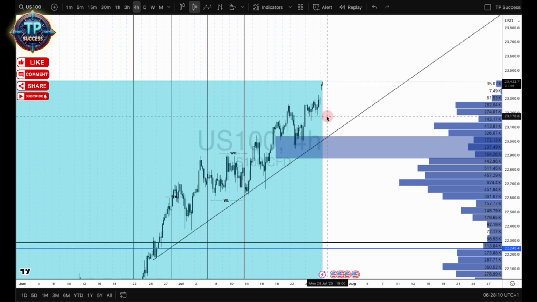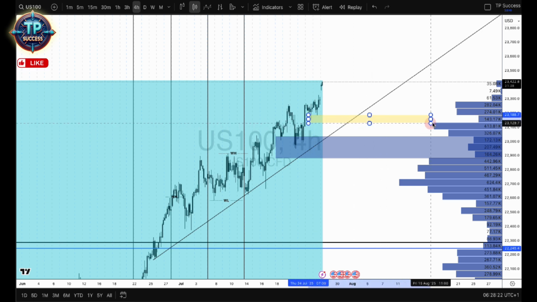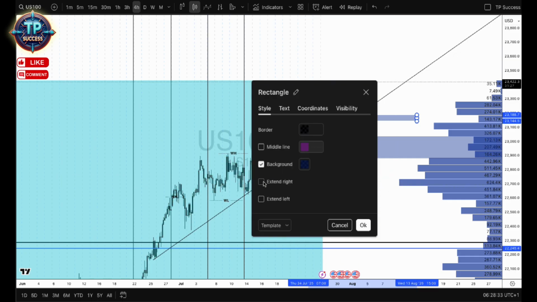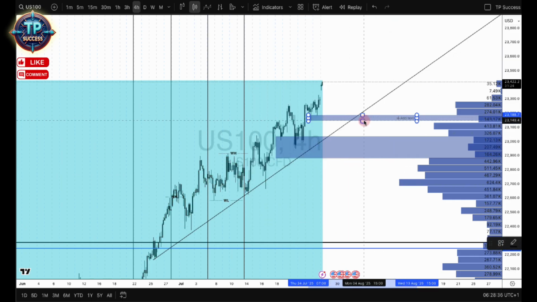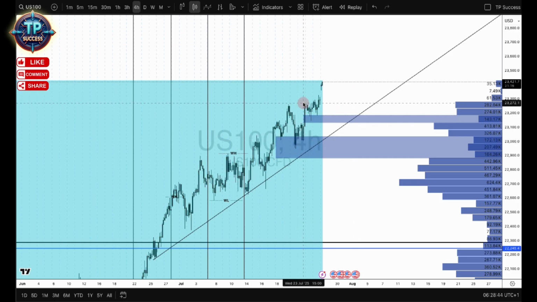The second low volume node area is right here, and as you can see, price blasted all the way through it, came back in for a retest right here, and then it's now moving away.